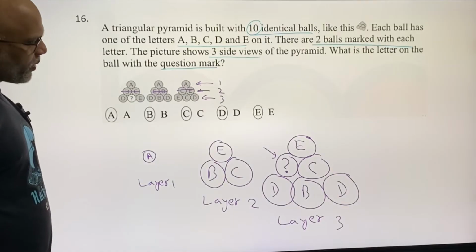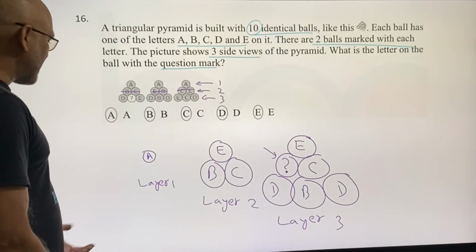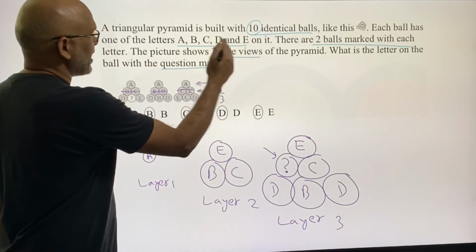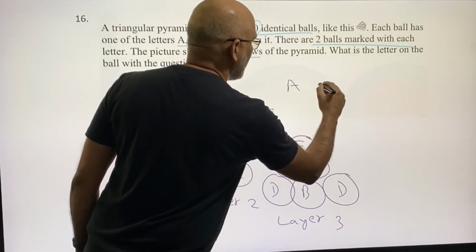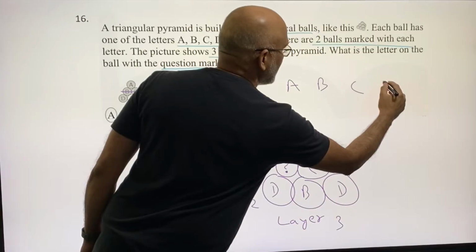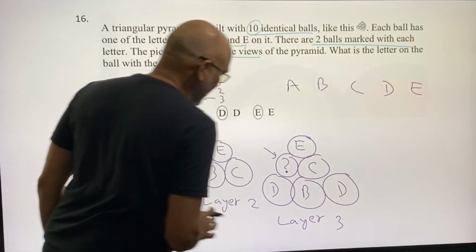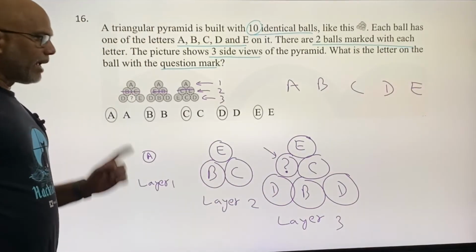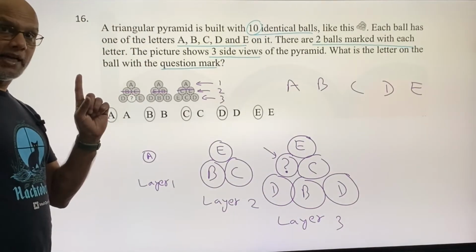Now from here we can also clearly see, let me write down the different letters: A, B, C, D, E. In this layered view, I am seeing each ball only one time, right?